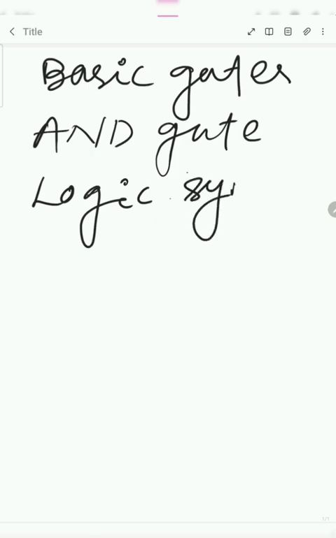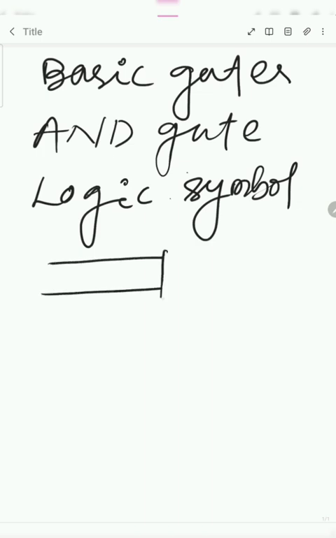This is the logic symbol of the AND gate.